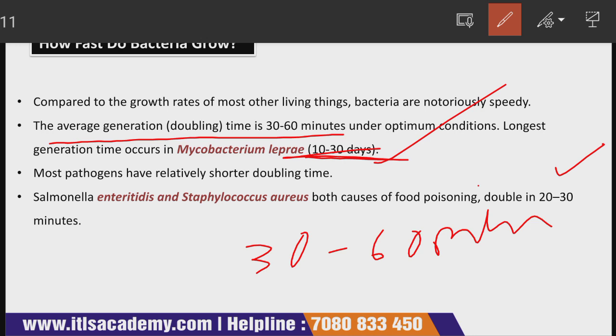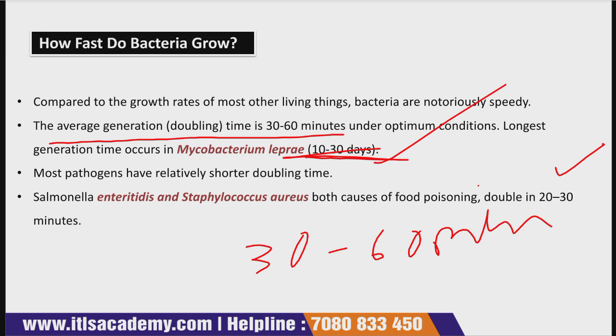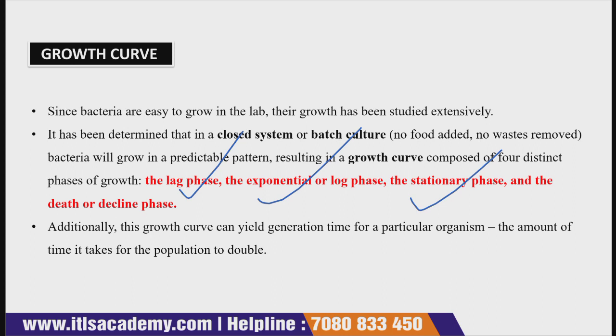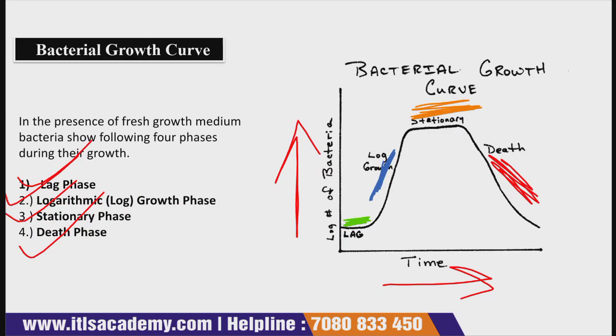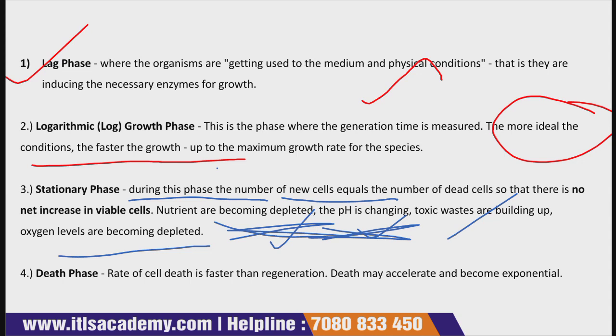Apart from this, we have seen the growth curve. This question has maximum chances in examinations and interviews, that they can ask you about the different phases and how bacteria grow, which phase says what.